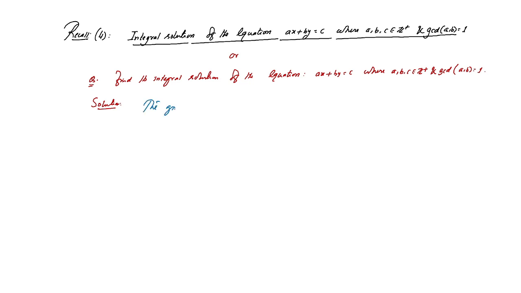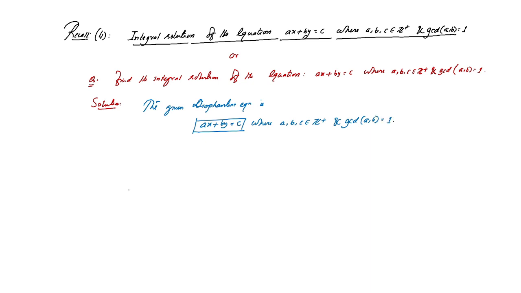What is exactly given? The given Diophantine equation is ax plus by equals c, where a, b, c belong to the set of positive integers and GCD of a, b equals 1.